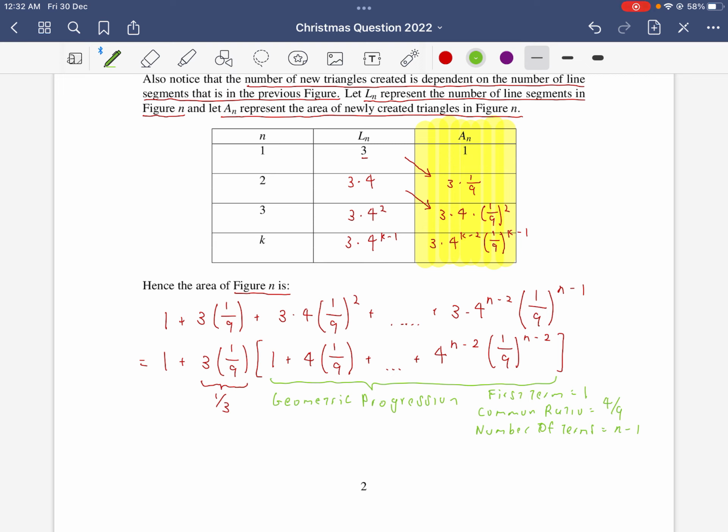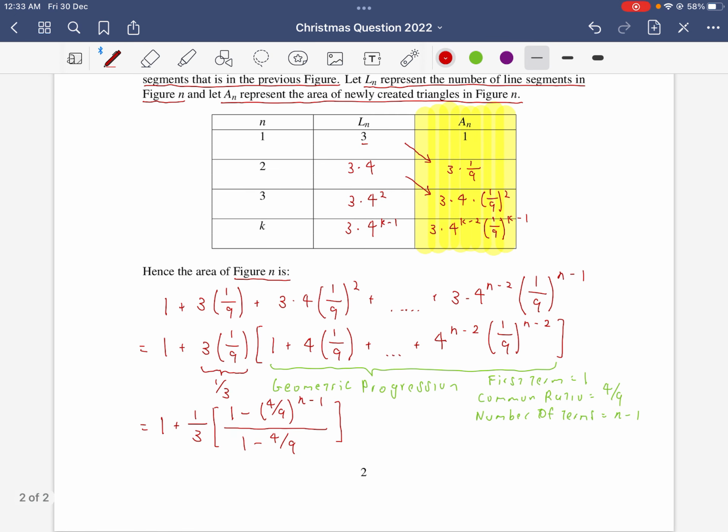Now, remember our formula for geometric progression. So I'm going to write this down. 1 plus 1/3 multiplied by, start with A. A in this case is 1. 1 minus common ratio to the power of number of terms. So the common ratio is 4 over 9. The power of terms will be n minus 1, over 1 subtract common ratio, which is 4 over 9.